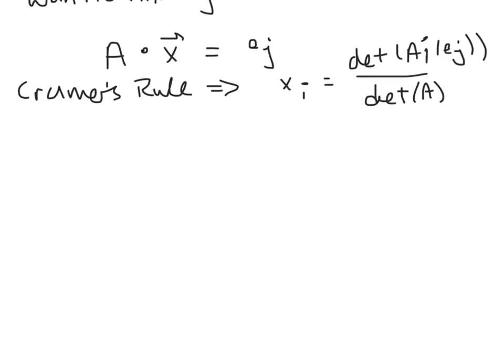Well, what is this? This right here is the matrix A where you've replaced the ith column by ej. And if you look at that closely and compute the determinant where you expand on the ith column, you will find the determinant of that matrix is actually just equal to something you've seen before.